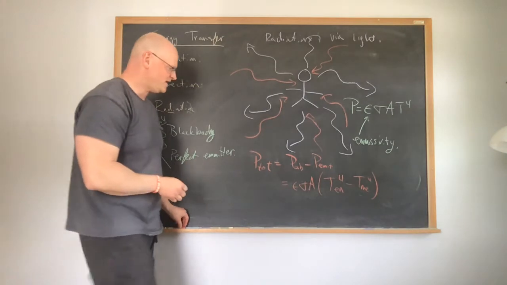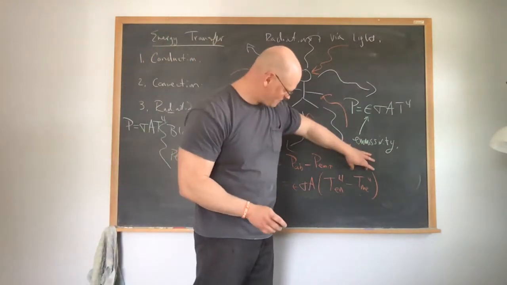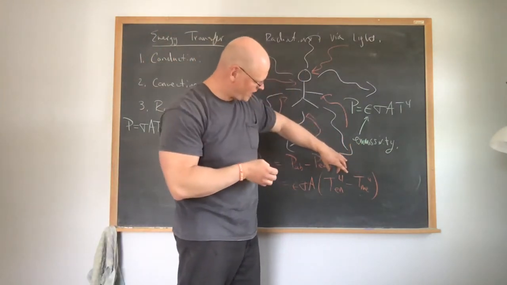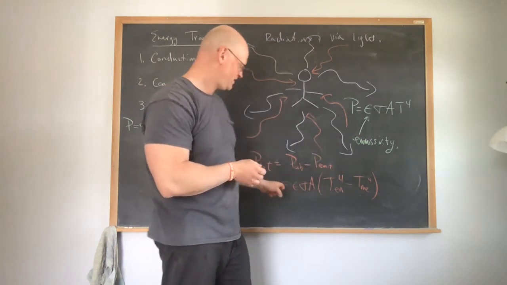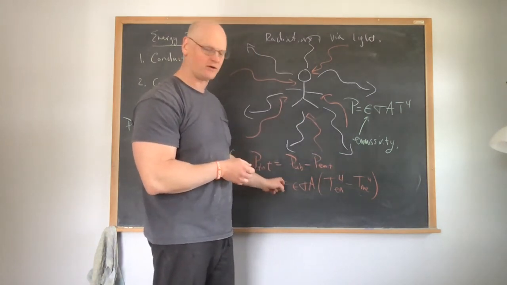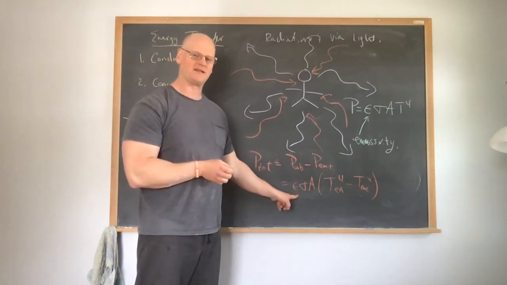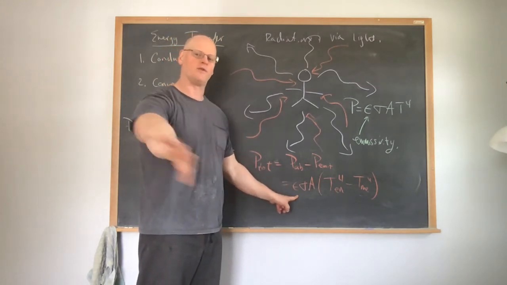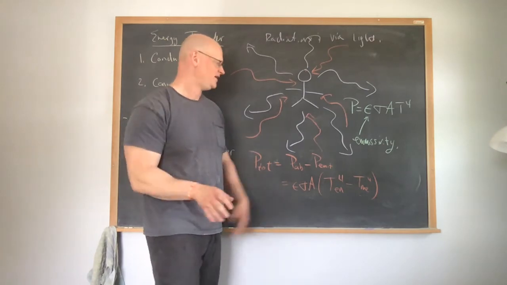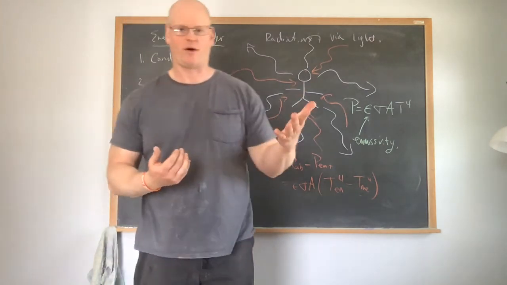Now, what does this mean? If my temperature is greater than the external temperature, this total power, which ultimately in this case is the power that I absorb, will be negative, which basically means that I'm not going to absorb power, I'm only going to emit power. So for example, this is what happens when you go outside in the wintertime.